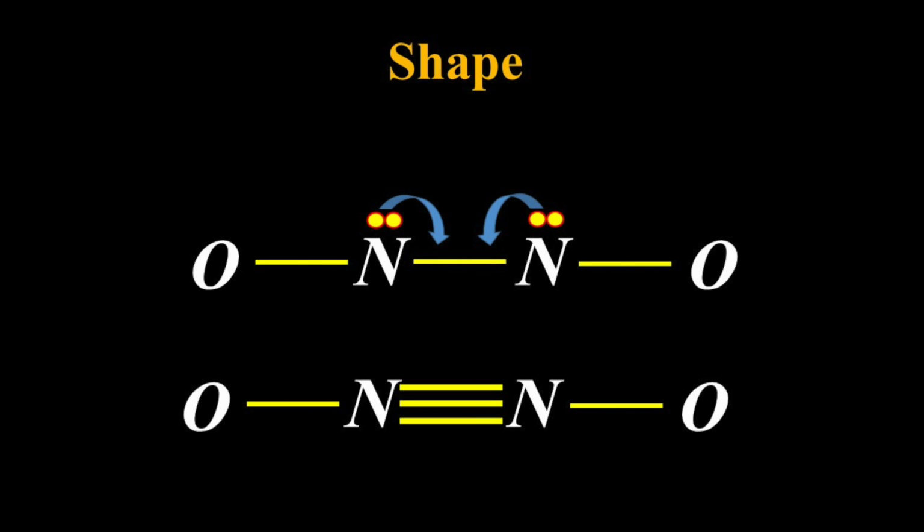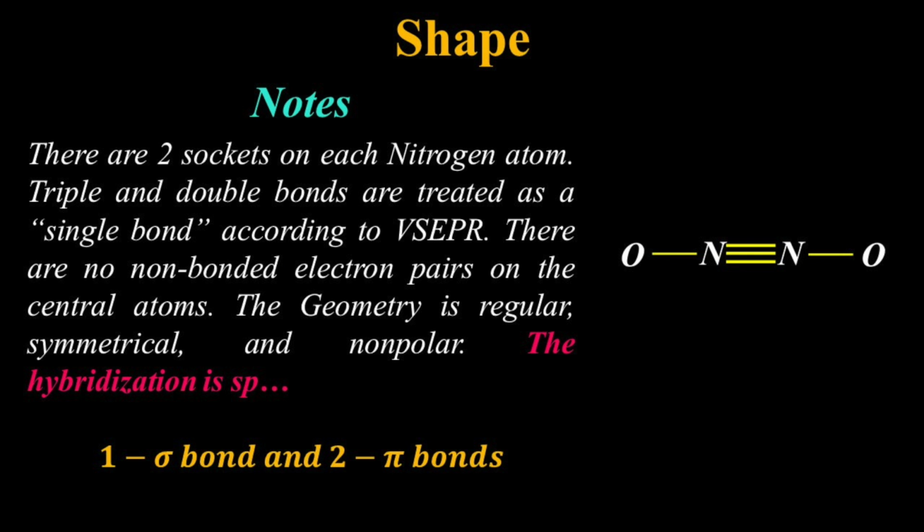We are going to add a double bond, just like before. So there are 2 sockets on each nitrogen atom. Triple and double bonds are treated as a single bond according to VSEPR. There are no non-bonded electron pairs on the central atoms. The geometry is regular, symmetrical, and nonpolar. The hybridization is 1 sigma bond and 2 pi bonds.